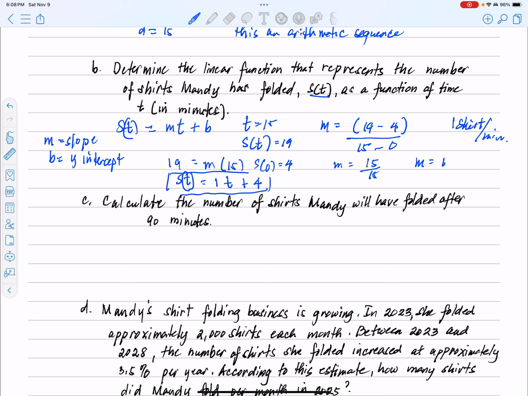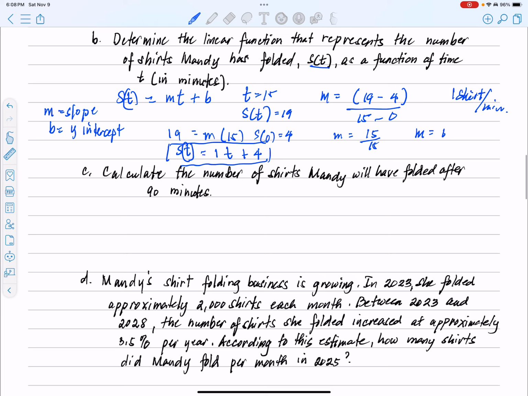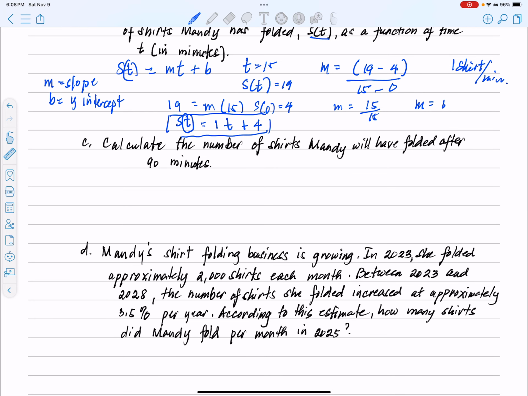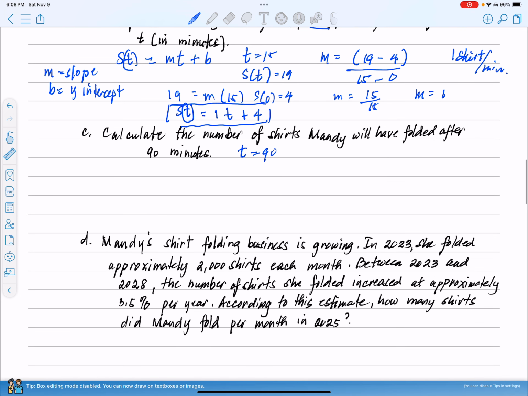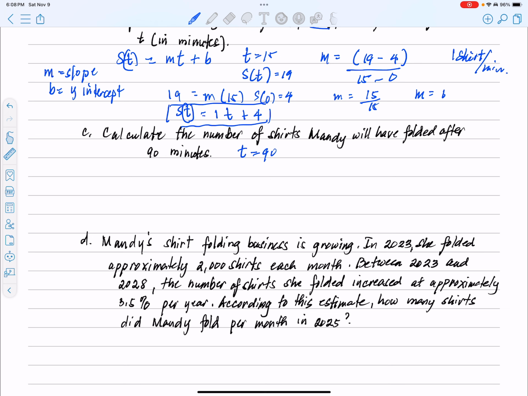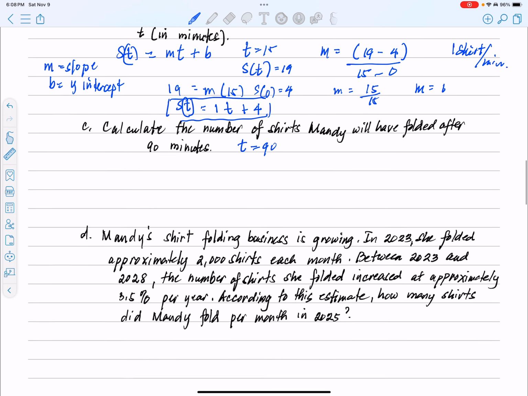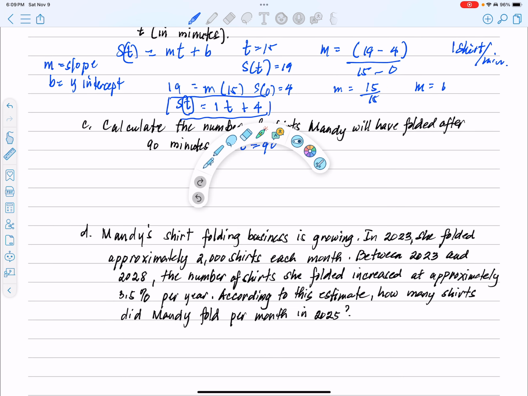All right. Calculate the number of shirts Monday has folded in 90 minutes. Okay, so substitute t equals 90 in the equation. So S of t is 1 t plus 4.